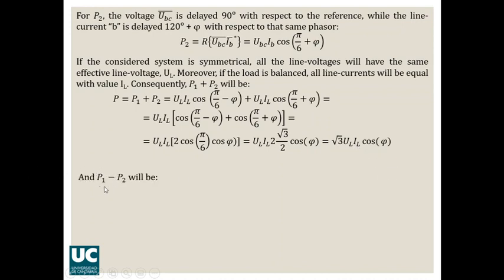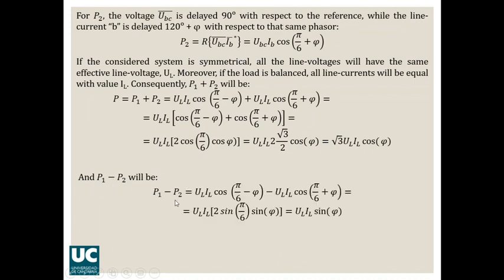If you do the difference of P1 and P2, then we will have this, and the difference of these two cosines will be 2 times the sine of pi over 6 multiplied by the sine of phi. As the sine of pi over 6 is 1/2, then you will have this expression.